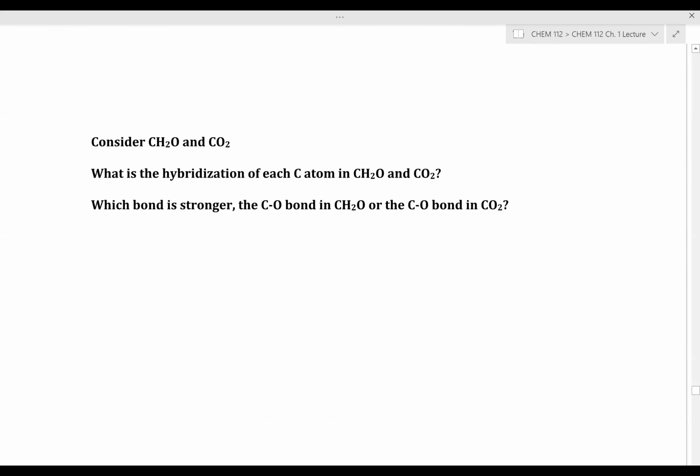So let's take a look at formaldehyde and carbon dioxide, and let's do a basic analysis asking which bond is stronger, the carbon-oxygen bond in formaldehyde or the carbon-oxygen bond in carbon dioxide. So take a moment, write out the structures, and tell me which of these carbon-oxygen bonds is stronger.